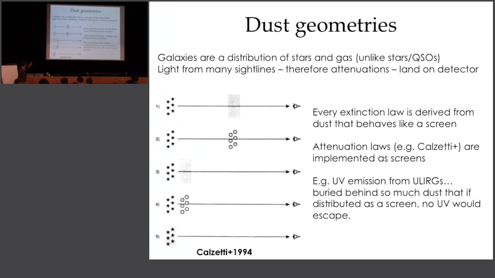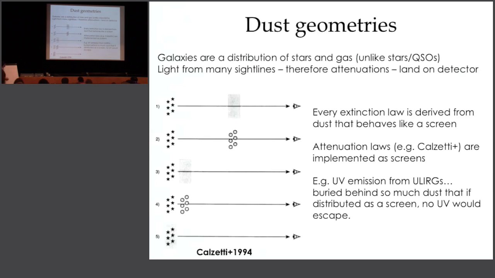So you're going to have scattering out of the line of sight and scattering into the line of sight. It's all dependent on the, what do you call it, the likelihood of being scattered versus absorbed? Albedo, thank you. Dependent on how that changes with wavelength. So all of this is wrapped up in the Calzetti law somehow, in a way we don't really understand.